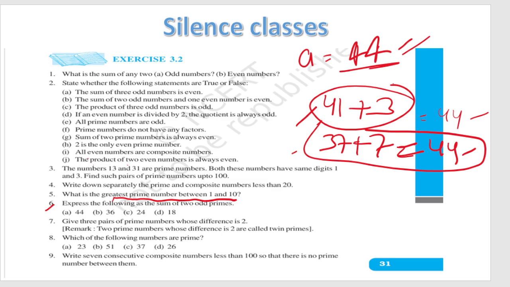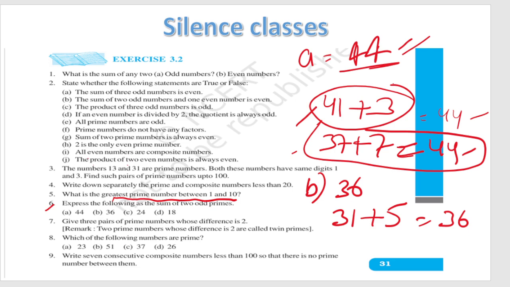Now the next question is 36. Question number B is 36, and I have to express it in two odd numbers. Let's say 31 plus 5 is 36.